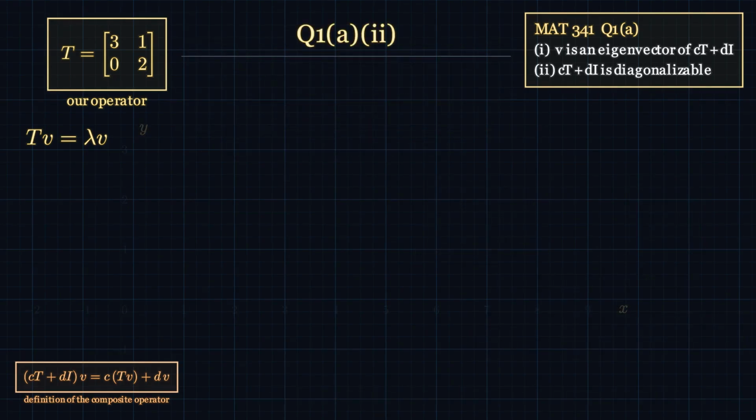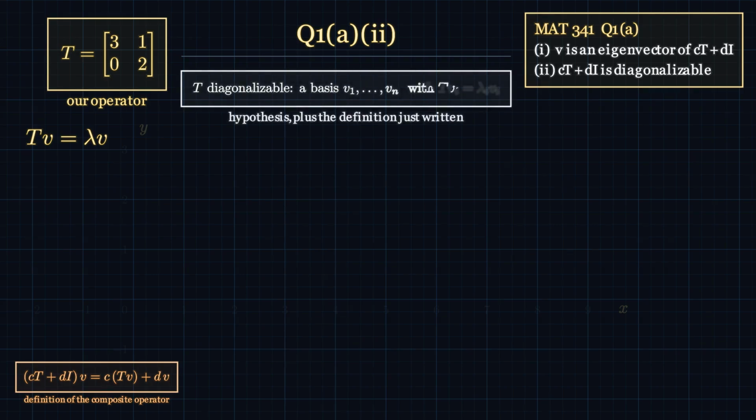Part 2 now proves itself in 3 written lines. Pen ready. Line 1. Suppose T is diagonalizable, so there exists a basis of arrows, each one an eigenvector of T with its own eigenvalue. Line 2.